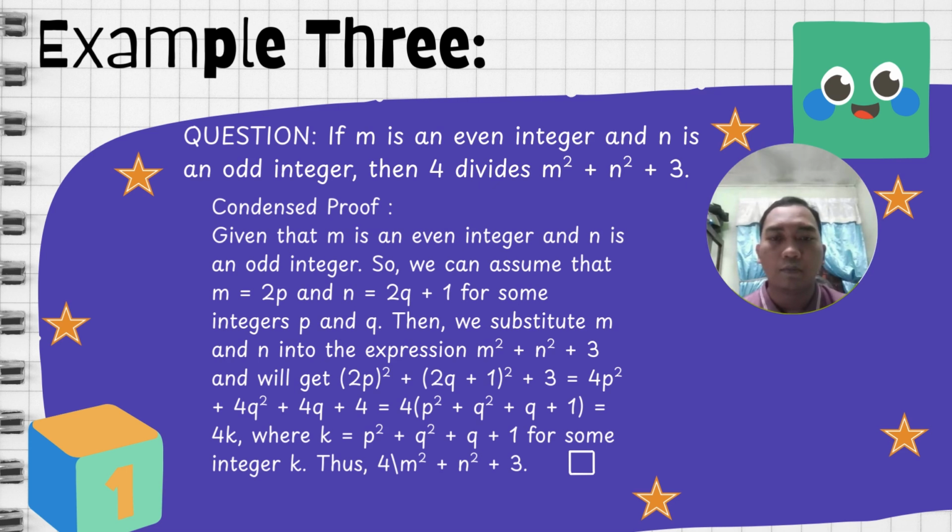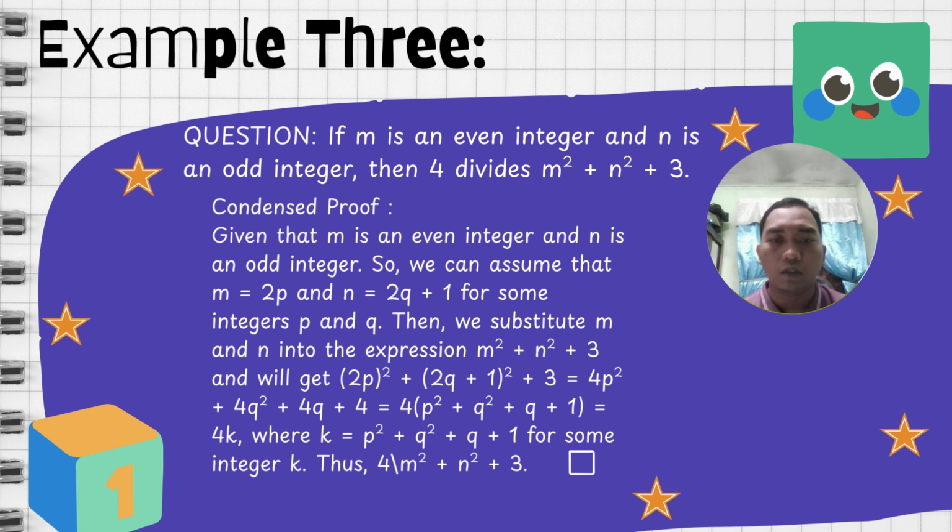For the condensed proof, given that m is an even integer and n is an odd integer, we can assume that m equals 2p and n equals 2q plus 1 for some integers p and q.